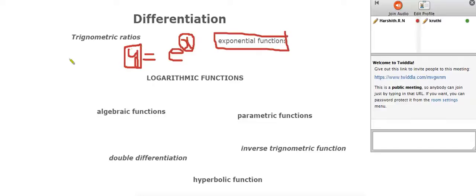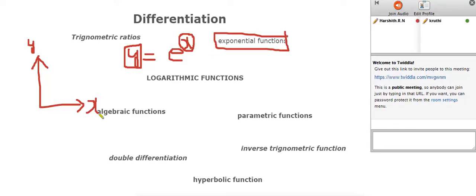If you use that in a graph, y is equal to e to the power x, then this will be the x-axis. X is the independent. Based on the value of x, y values are dependent. That is why x is independent, y is dependent.